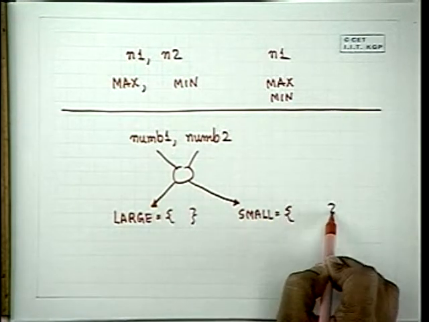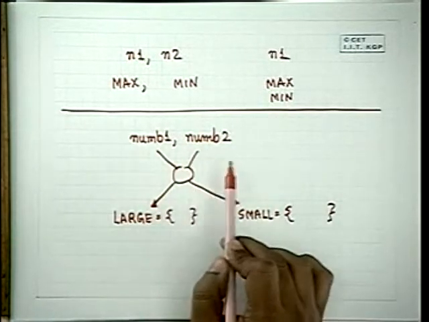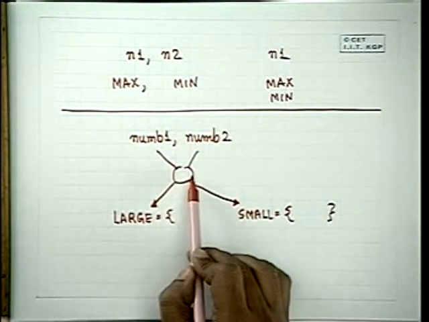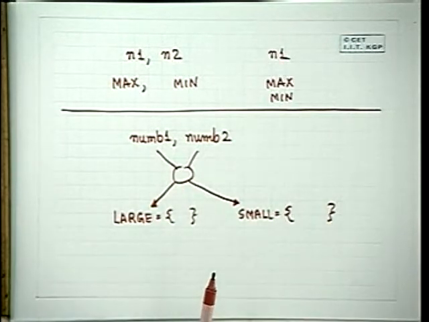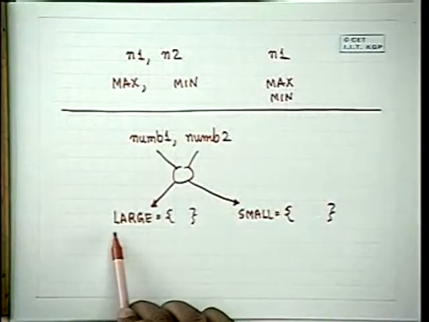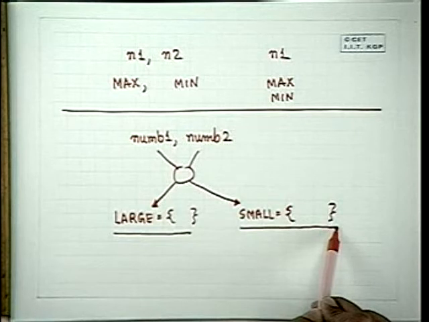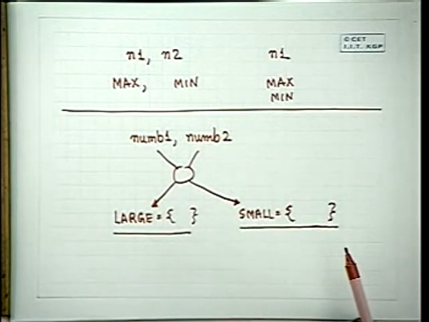This was exactly our tournament structure. You take the numbers pairwise, read them two at a time. Suppose it's even, read them two at a time, compare them. The winner you put in a set large, the loser you put in a set small. And then after you have read all the numbers, then find the maximum from this set large and find the minimum from this set small. So this is how you can easily convert it into code.